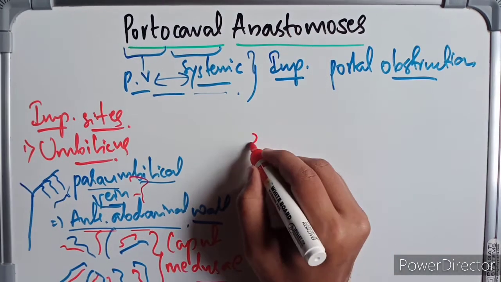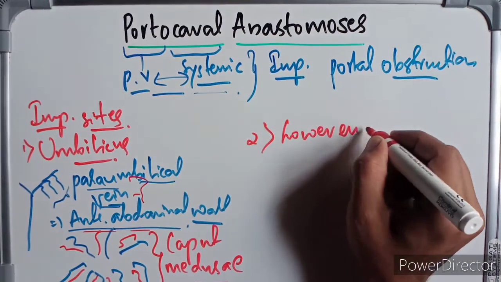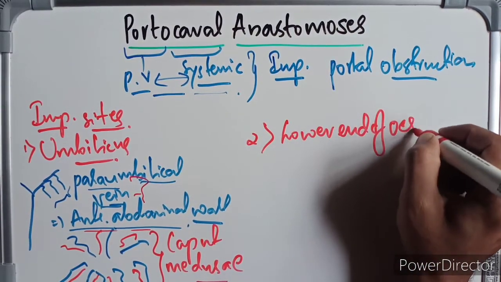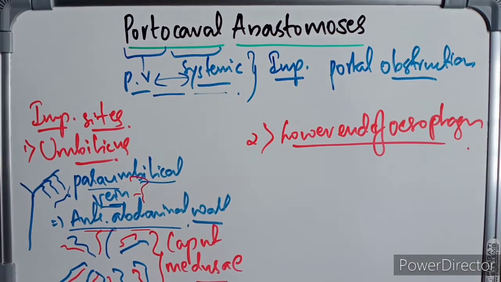Coming to the second site of the Portocaval anastomosis, it is the lower end of the esophagus. Here, the lower end of the esophagus drains into the left gastric vein, right?